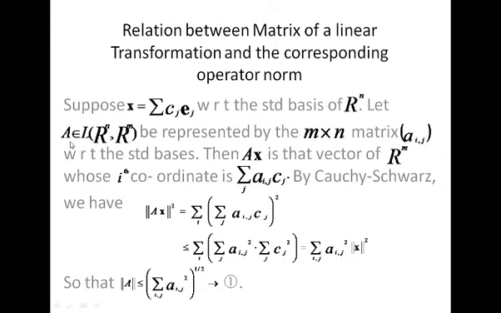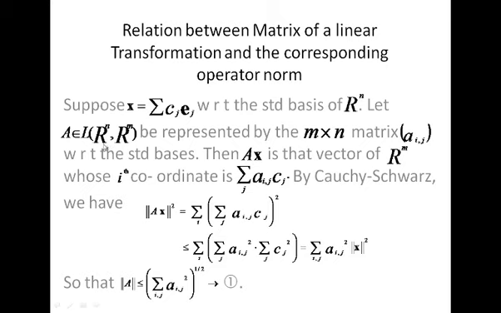And another thing, suppose you have two linear transformations, A from Rn to Rm and B from Rm to Rk. Then look at BA. BA is a linear transformation from Rn to Rk.